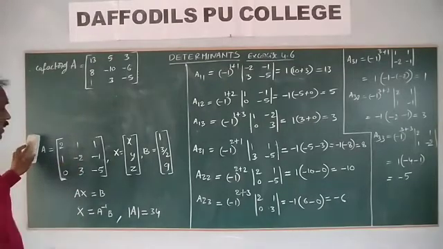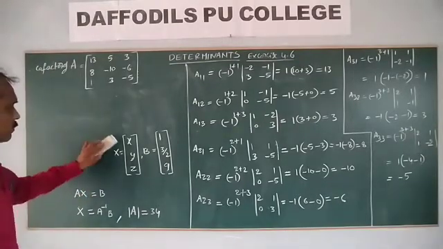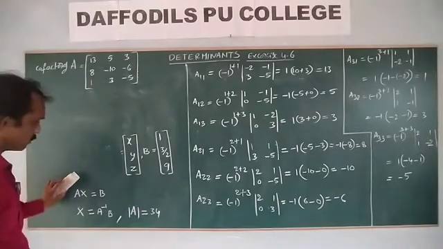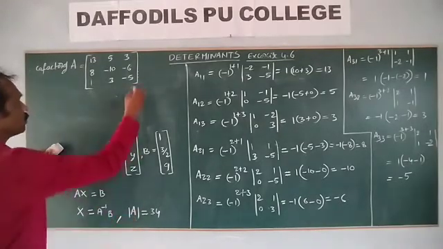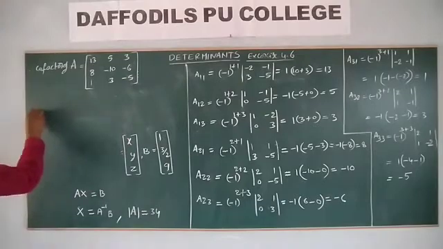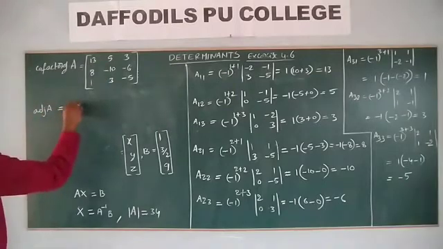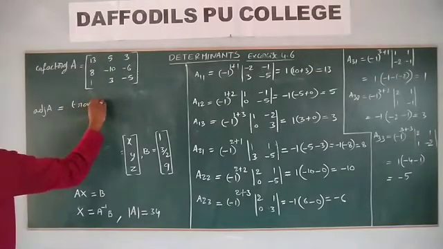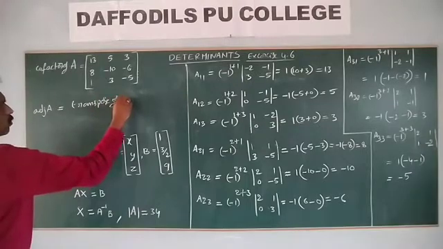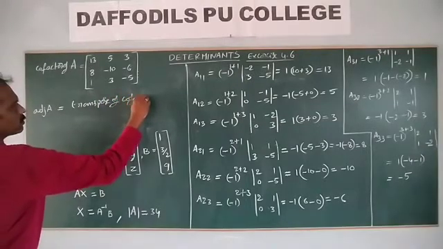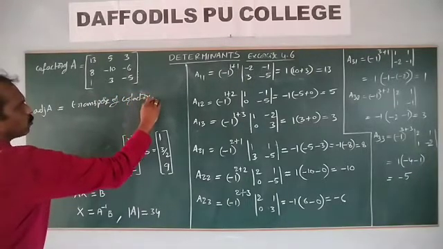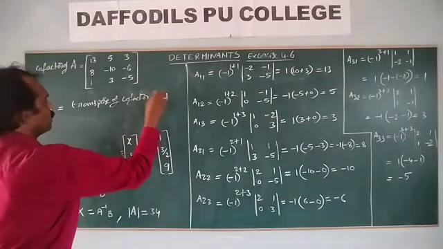Next, this is the A matrix, so that you already know. Cofactor of A. Next, adjoint A. Adjoint means transpose of the cofactors.